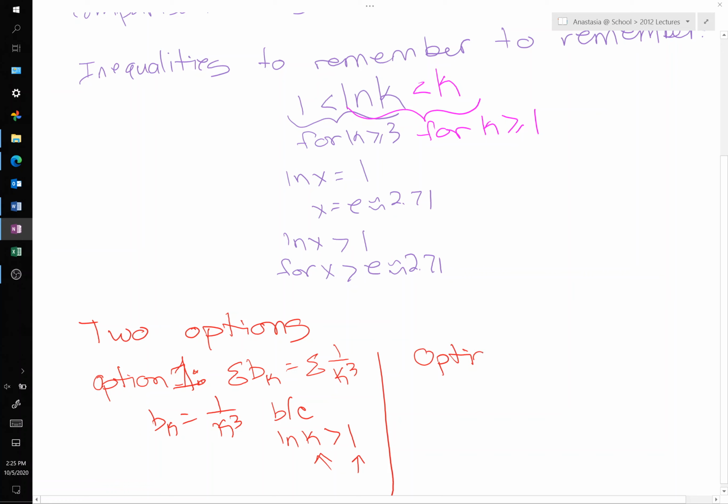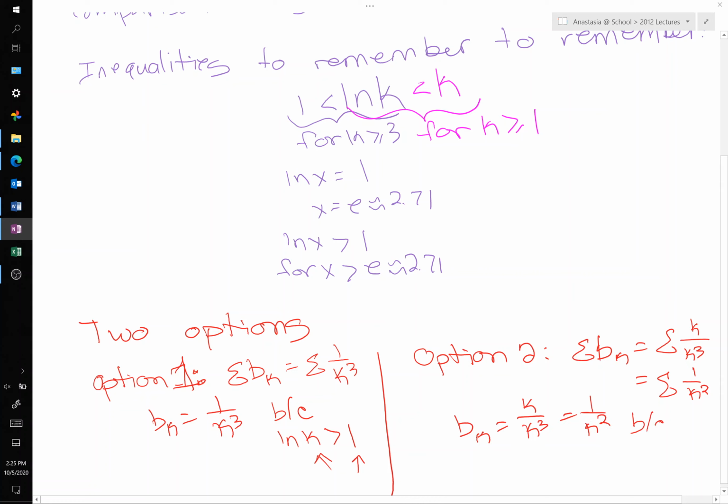Option 2, our comparison series bk would be the sum of k over k cubed, which simplifies to 1 over k squared. So in other words, bk is k over k cubed, or 1 over k squared, and this is because of the fact that the natural log of k is less than k.